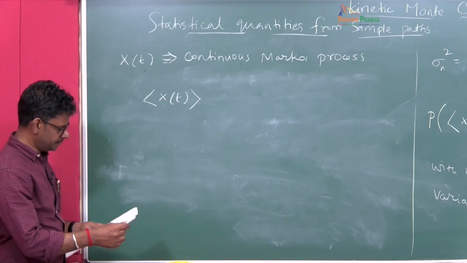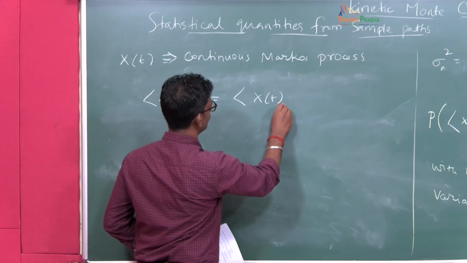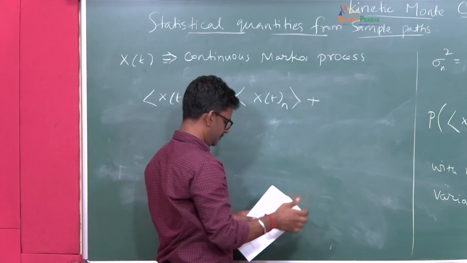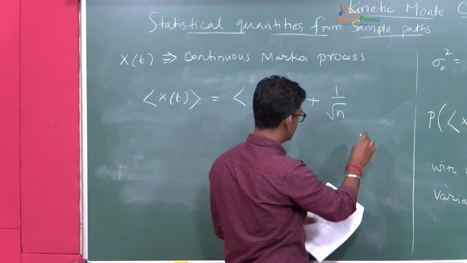true mean can be written as the sample mean over n number of samples plus 1 by square root of n times sigma n.